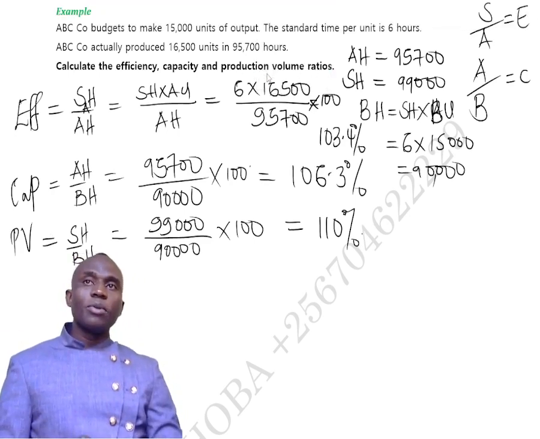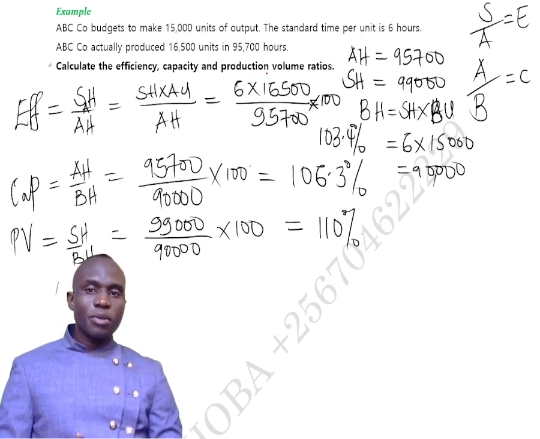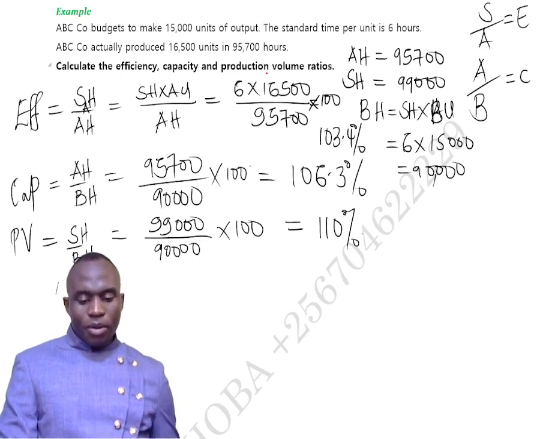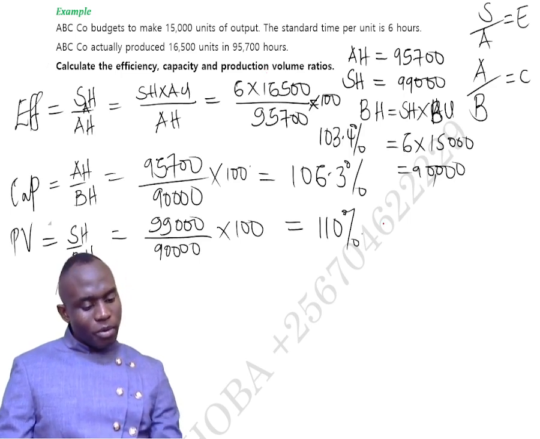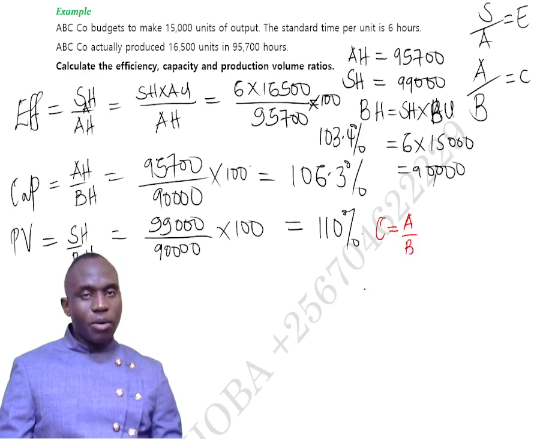Now be careful, you can get a section question on interpretation of the ratios. What is the meaning? Now I'm picking out one, maybe I've picked out capacity. So we've said capacity ratio is actual hours divided by budgeted hours.